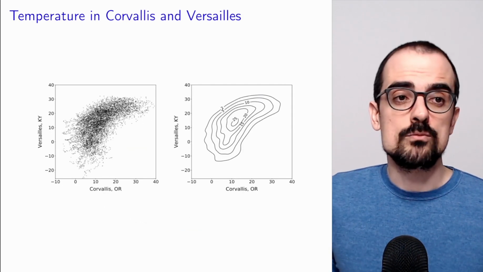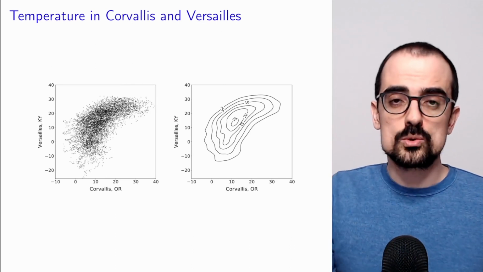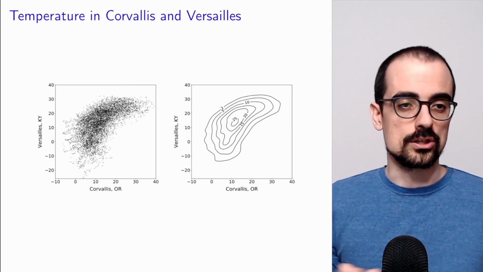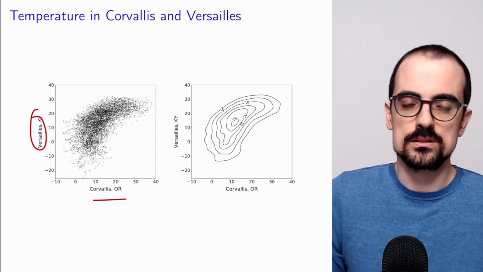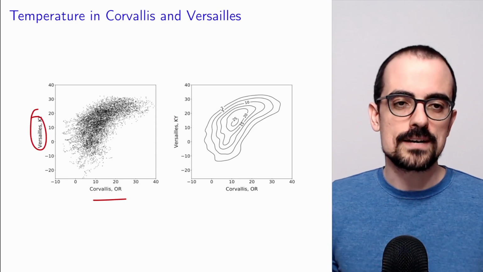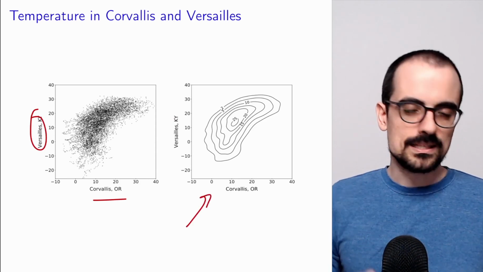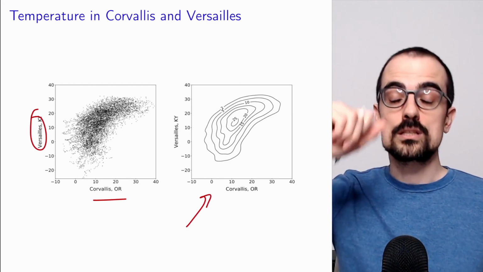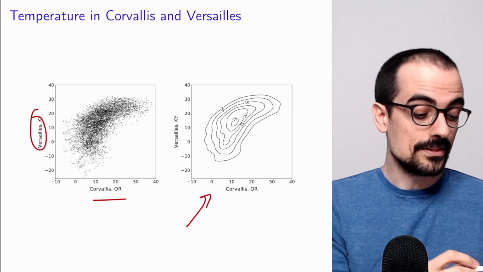What about if we have continuous variables? Well, again, we're going to use the conditional mean function of Versailles given Corvallis to estimate the temperature in Versailles when we know the temperature in Corvallis. You can essentially do this in two ways. You can either estimate the joint PDF of the two random variables and then derive the conditional.